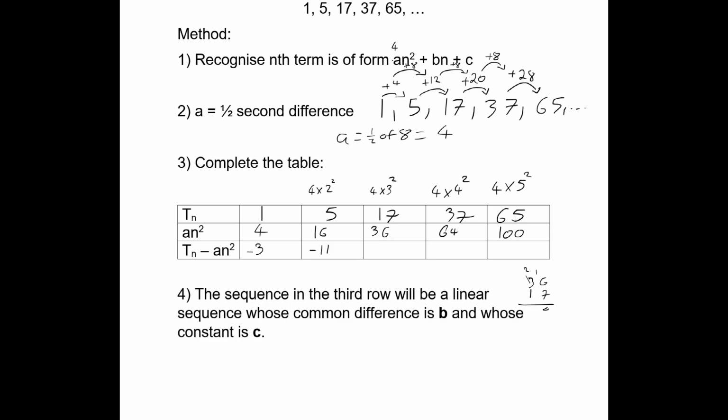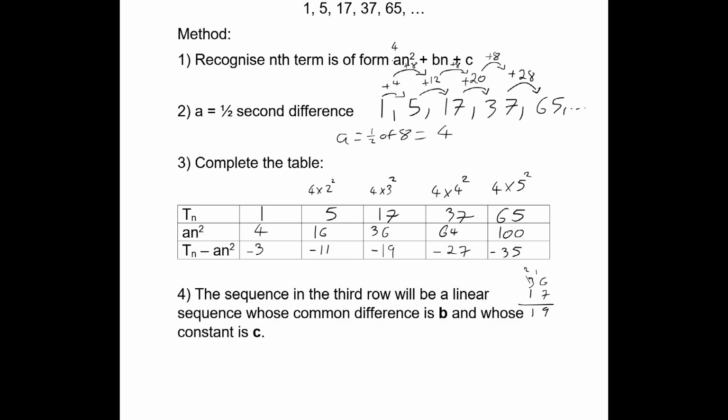So that's going to be 19, or minus 19, if you do 17 take away 36. 37 take away 64 is minus 27. And 65 take away 100 is minus 35.